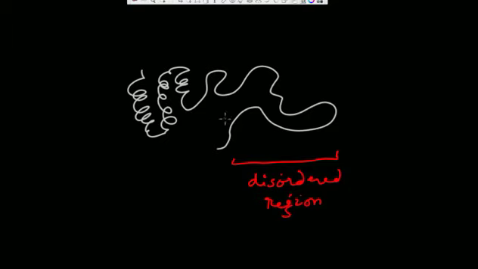You will have more charged amino acids, so the net charge will be high and the hydrophobicity will be less. So if you plot hydrophobicity and the net charge, and if your protein or a part of a protein is falling in this region, and let us say a lot of proteins are here, and then you have other proteins which are coming over here, right?